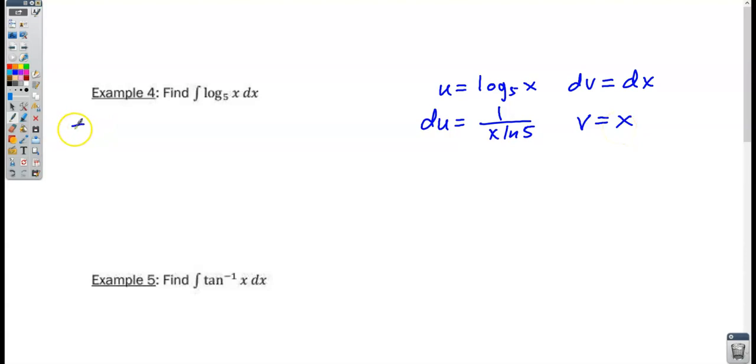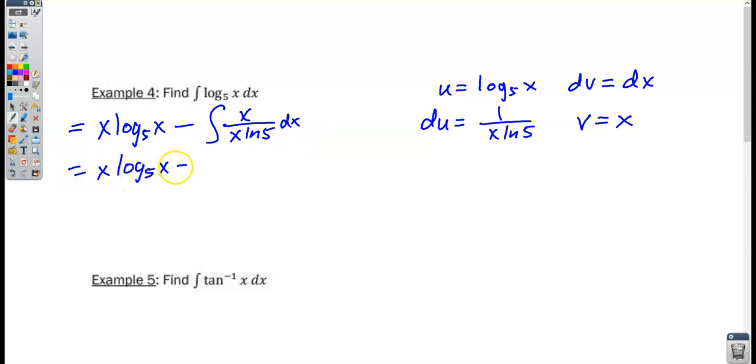And so now my integral of u dv is going to be uv minus the integral of v du, which is equivalent to, those x's cancel out, and I just have a constant in here.